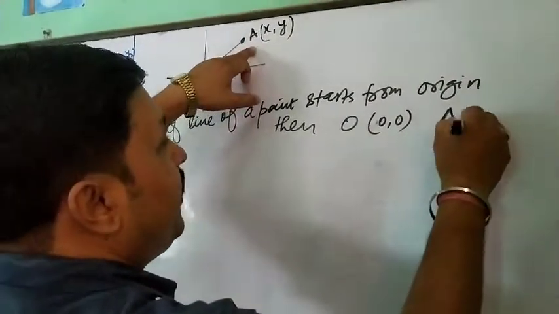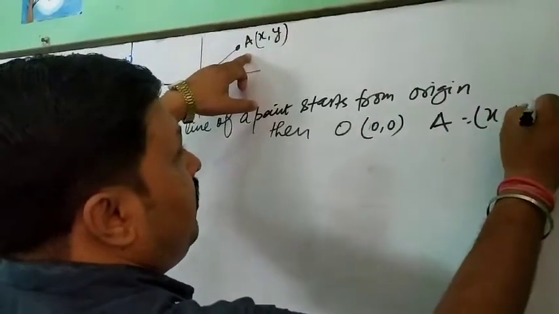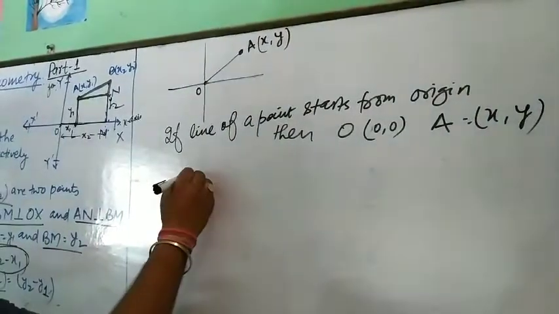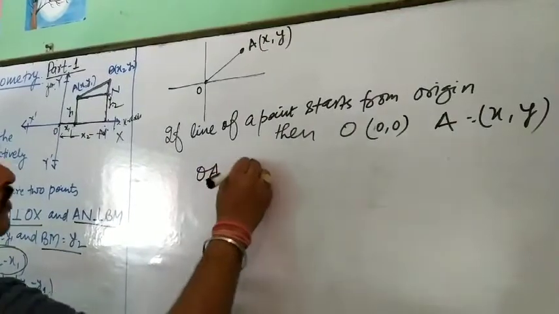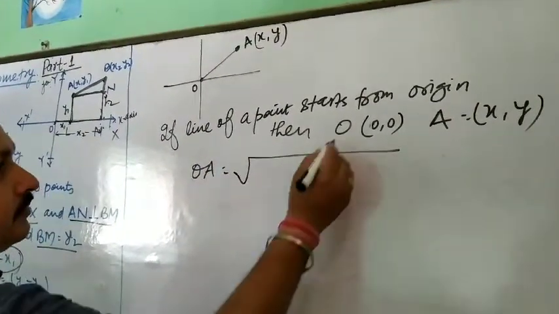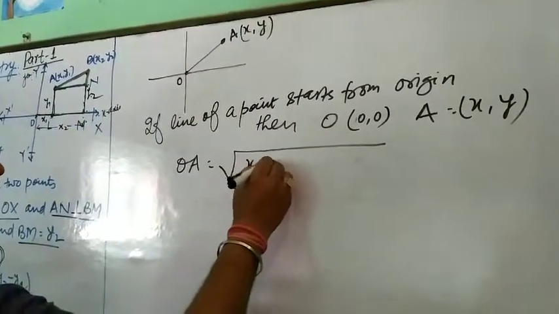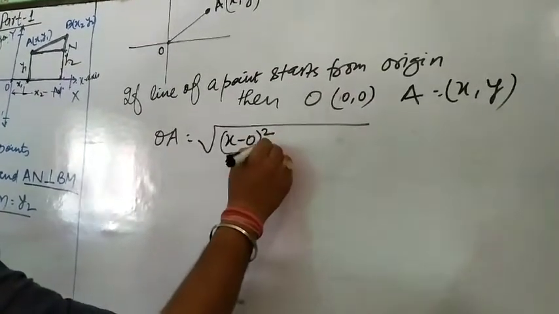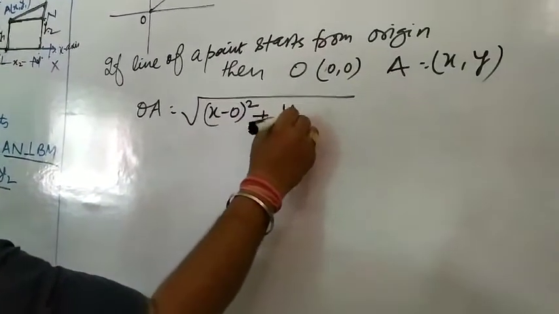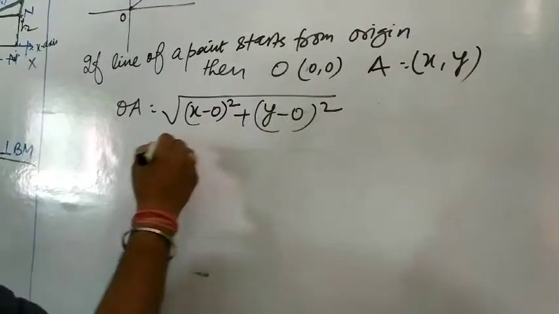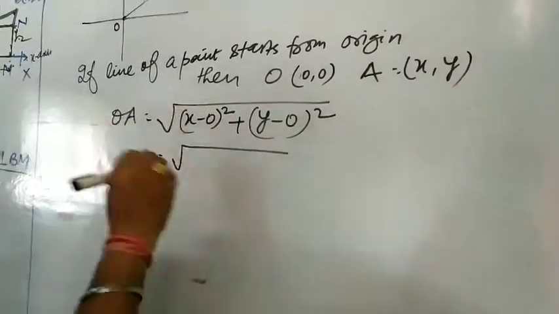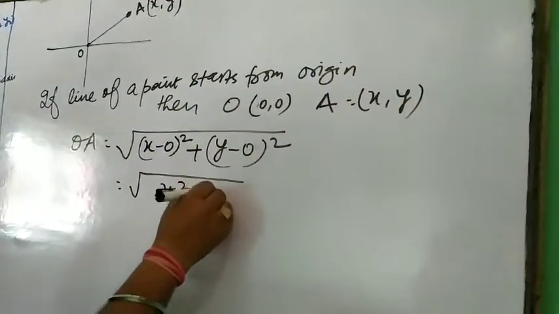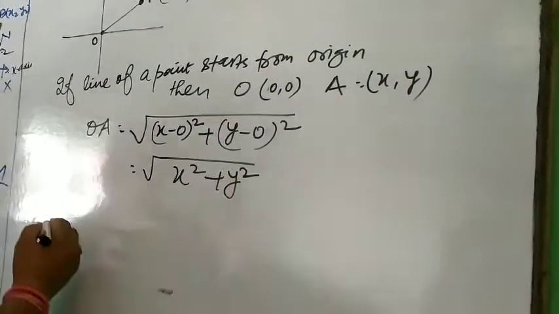And A is the coordinate equal to x, y. So OA equals root under x minus 0 the whole square plus y minus 0 the whole square. So it should be written as x square plus y square.